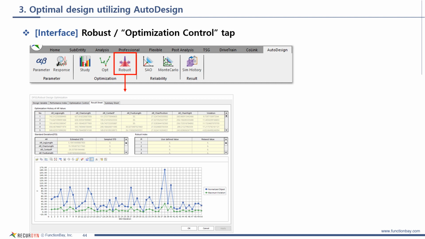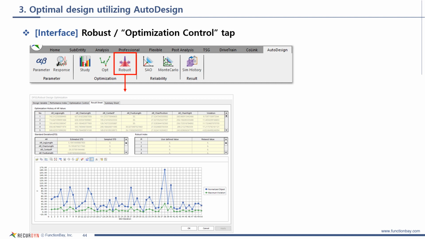Next is the result sheet description. In the robust mode as well, when the optimization is completed, a dialog box showing the results of the SAO process appears. The difference is the addition of a standard deviation and robust index. The standard deviation shows the standard deviation of the analysis response.